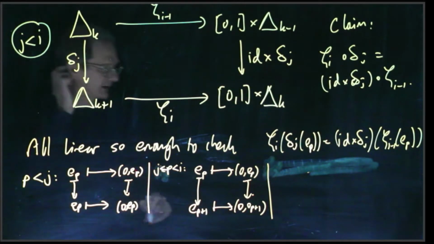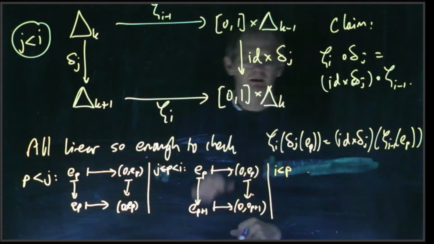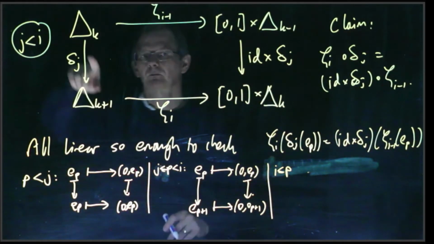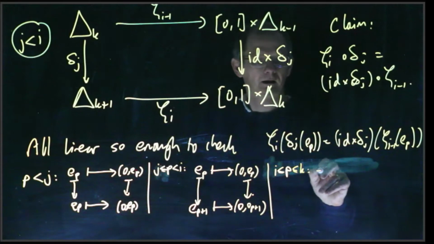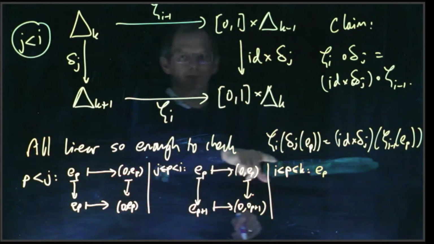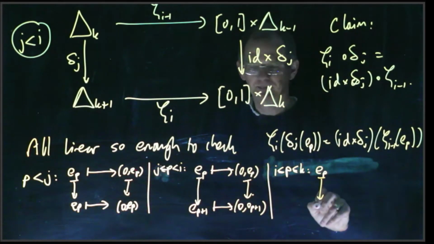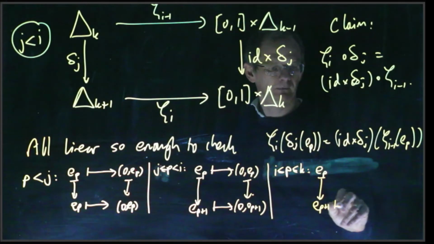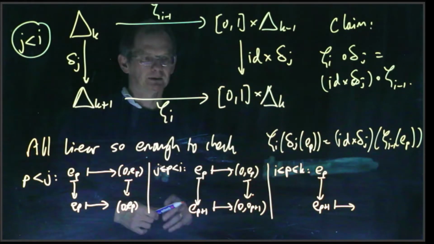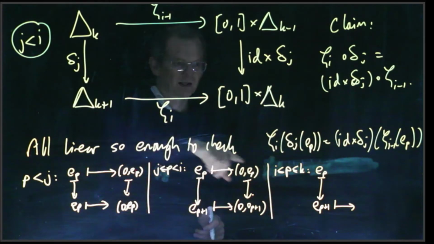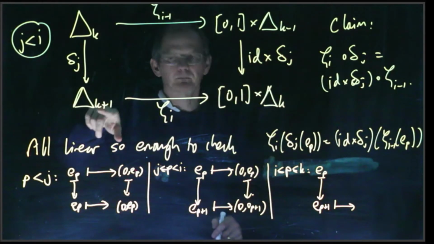Okay. So now we need to consider the case where P is between I and K, as P was going up as far as K here. So P is at least I, so it's strictly bigger than J, so it's certainly getting moved here to EP plus 1. Now P is at least I, so P plus 1 is strictly bigger than I. So that means that we've moved up to the 1.